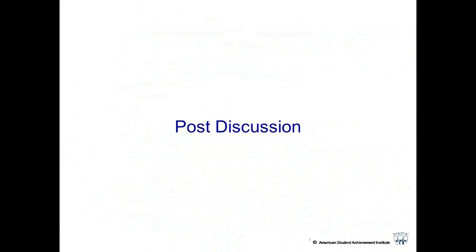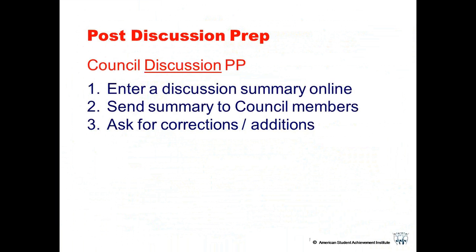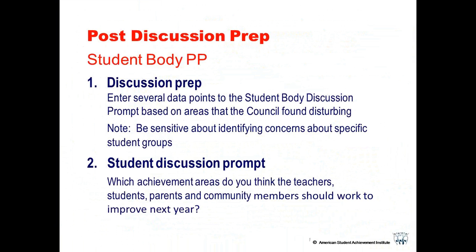Okay, so after you've opened the discussion, you've had the discussion, you've monitored it, and now the discussion is closed. So there are some things that need to happen after this discussion. First of all, we need to have the council discussion point person enter a discussion summary online, send the summary to the council members, ask for corrections and additions, and then make the updates as needed to the summary.